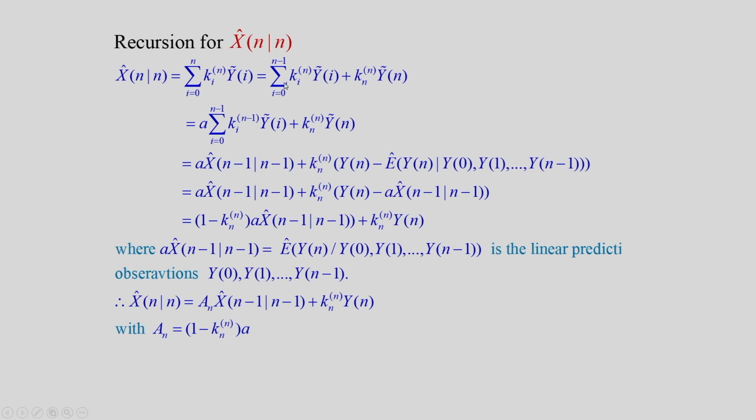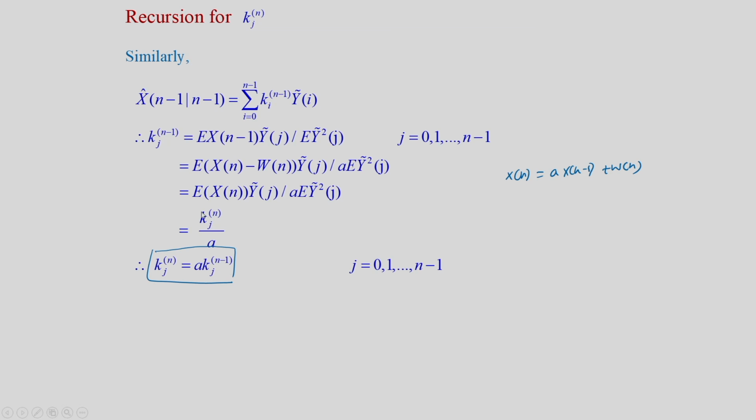This is equal to the summation of k_i(n) ỹ_i, i going from 0 to n-1, plus k_n(n) ỹ_n, so that we are taking the last term out. Now, we can substitute k_i(n) is equal to a times k_i(n-1).